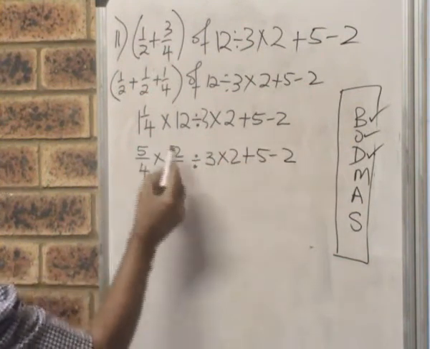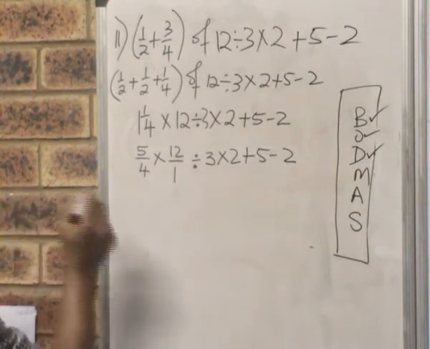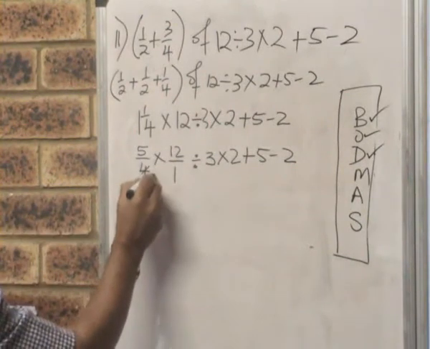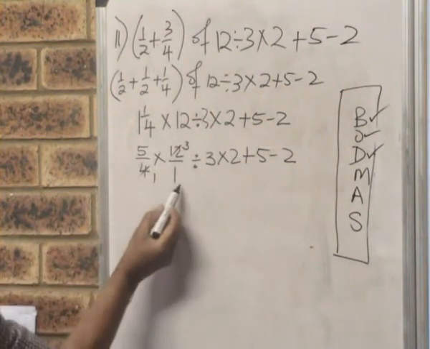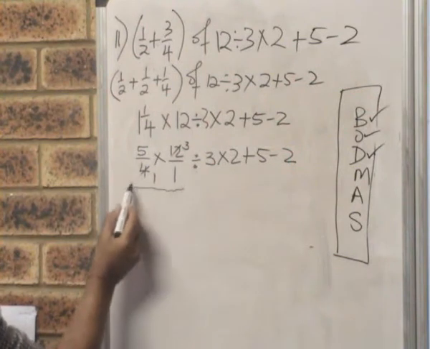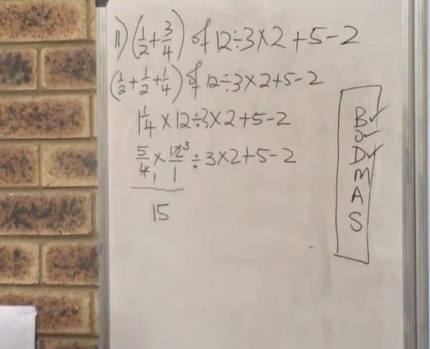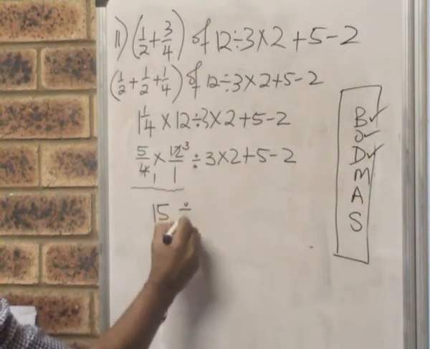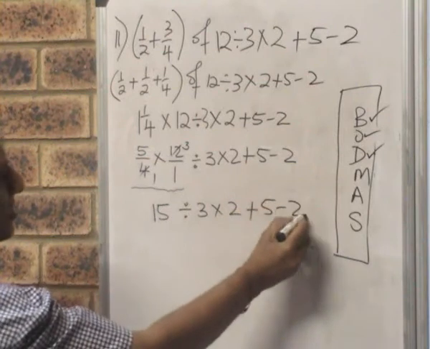Now we are concentrating on the of. We're trying to complete this part here first. So if you look carefully, 4 divides here 1 time, 4 divides here 3 times. So this part becomes 5 threes 15. 15 divided by 3 times 2 plus 5 minus 2.